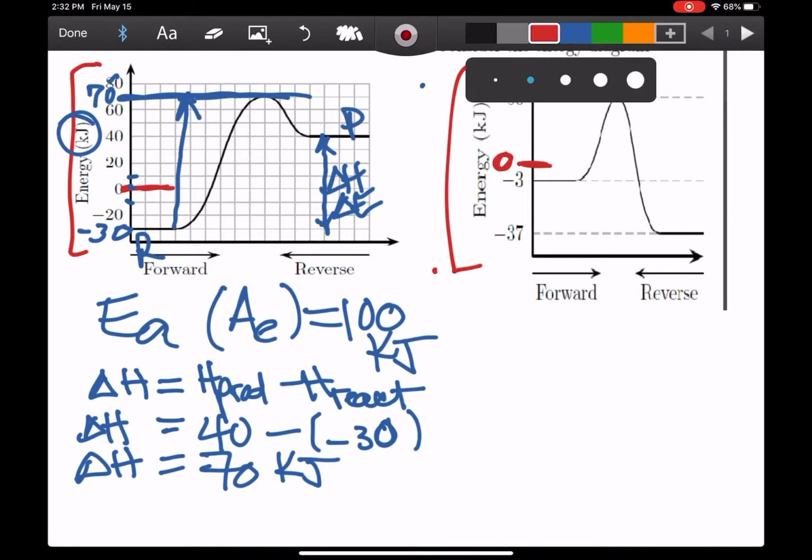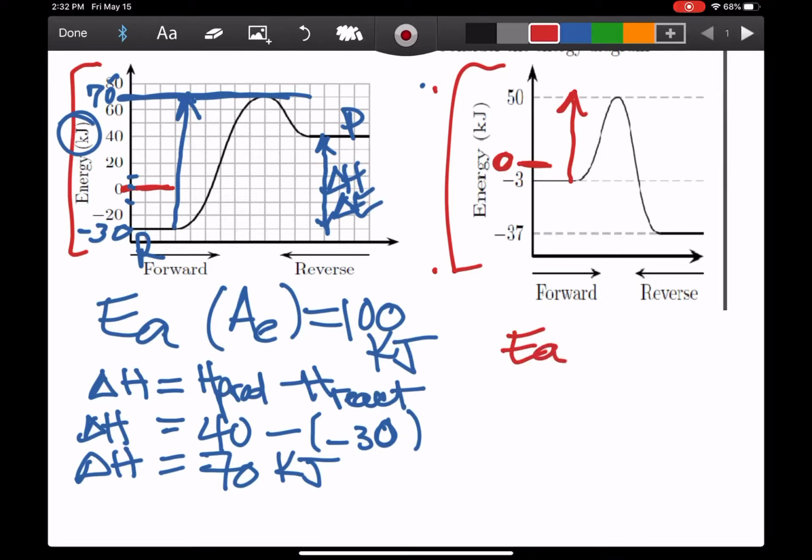What about this one over here? If we were asked on this one to calculate EA, it would be the difference between 50 and -3. So 50 and -3. So 0 to 50, that's 50 plus 3 more. So EA is actually 53 kilojoules. What about EA prime?